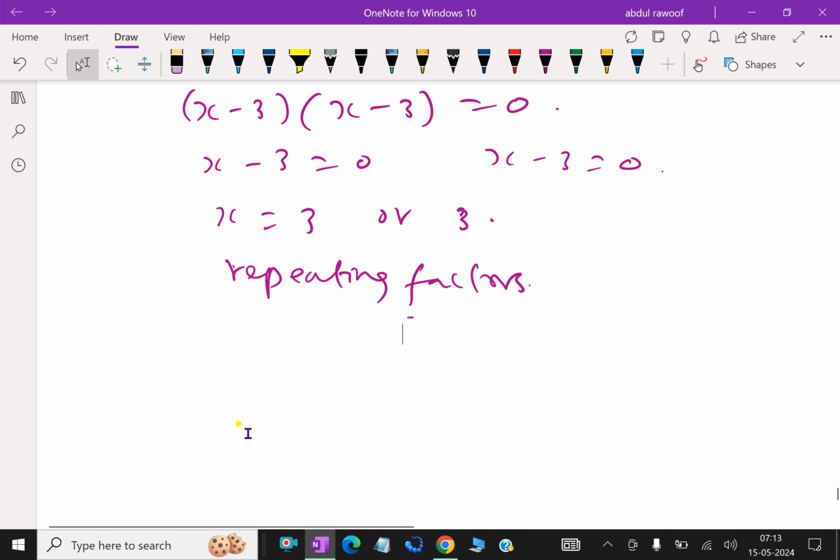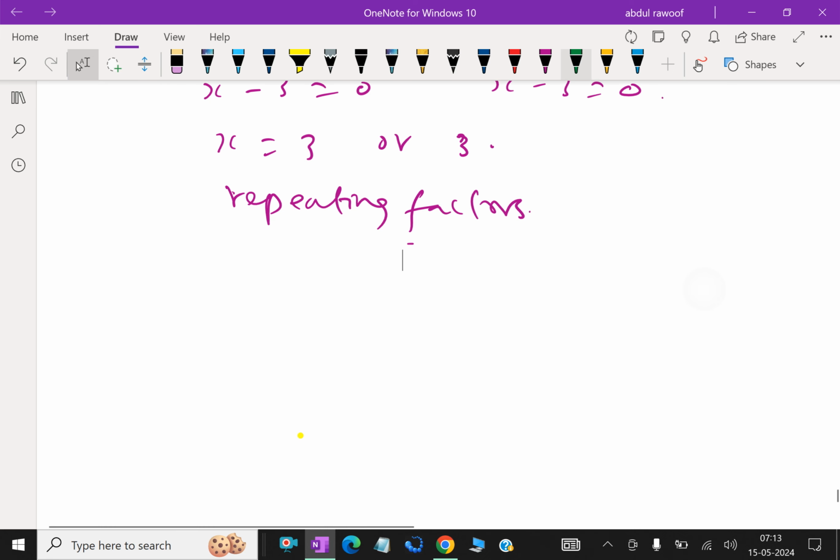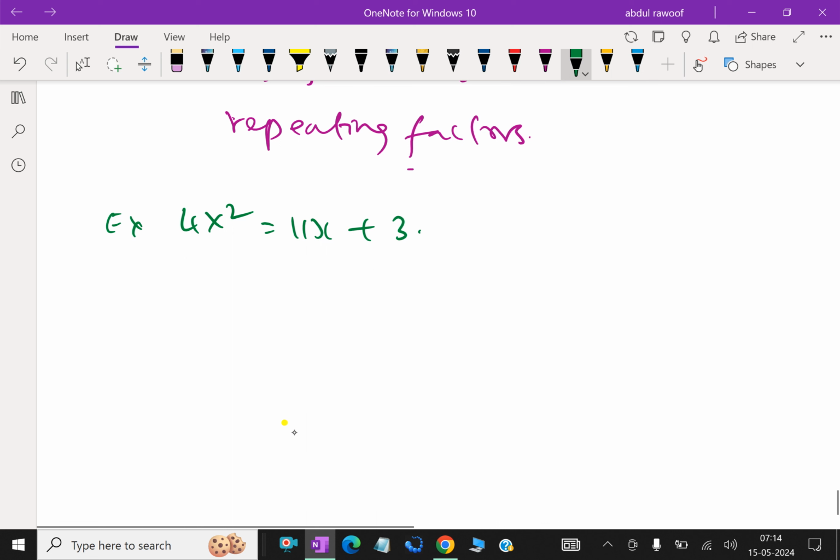Now, one more solving example: 4x squared equals 11x plus 3. Now rearranging, 4x squared minus 11x minus 3 equal to 0. Here the first term has a coefficient other than 1.